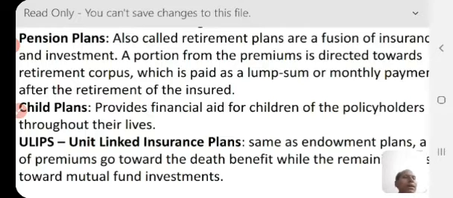So the option is a choice of the insured person, the policyholder. So that pension will be paid either as lump sum or monthly payments.